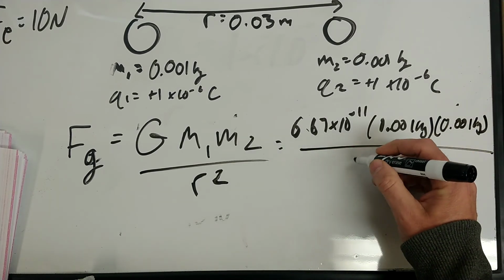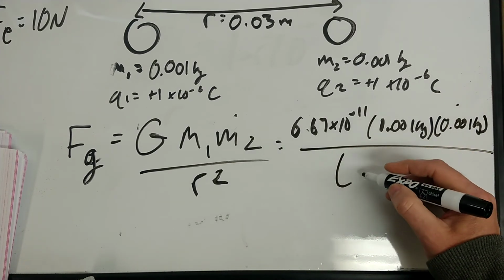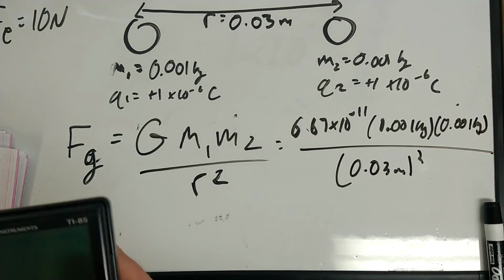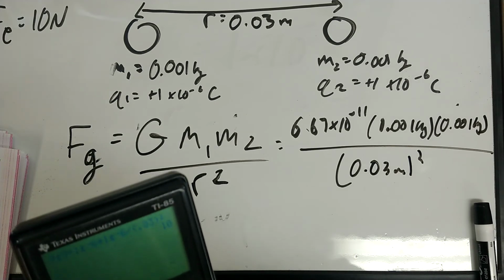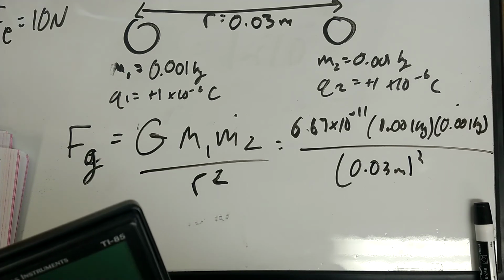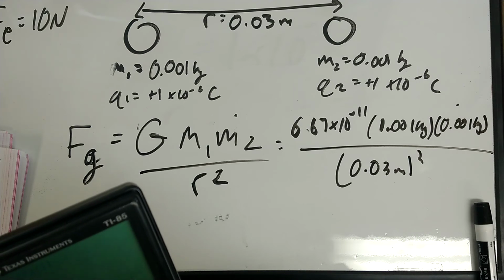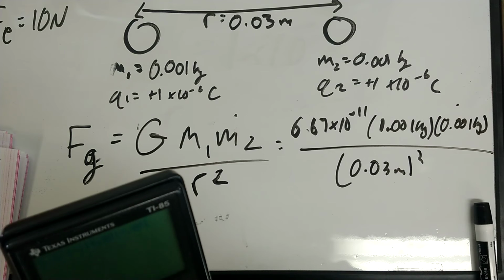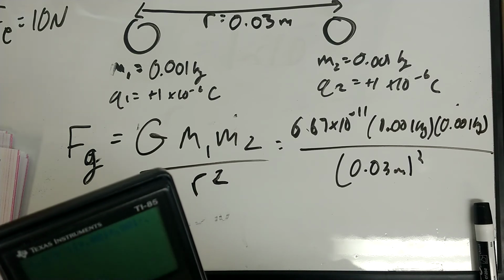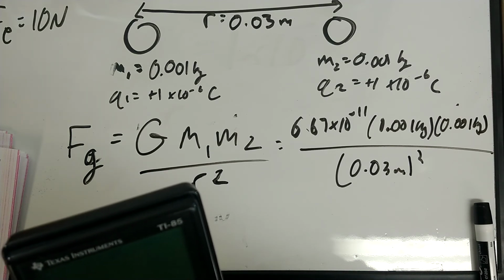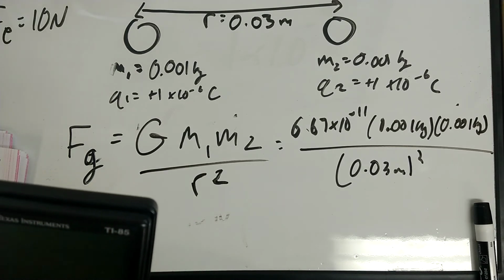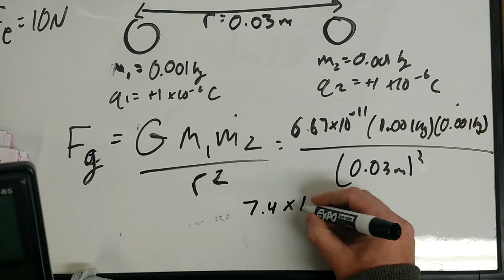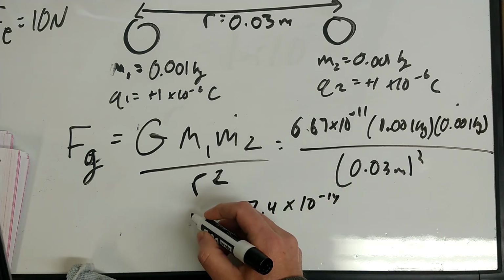But you'll see when we plug this all into our calculator, this ends up being pretty darn small. 6.67 E minus 11 times 0.001 times 0.001 divided by 0.03 squared ends up being 7.4 times 10 to the negative 14th.